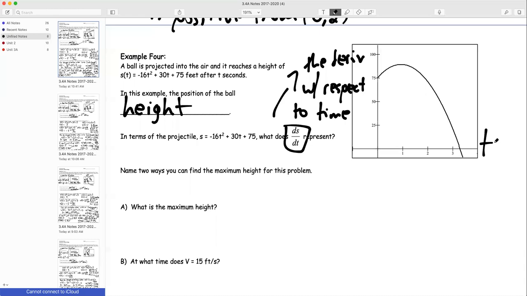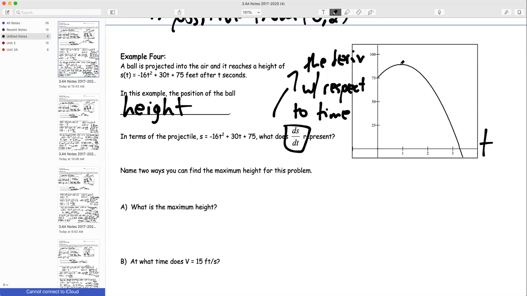So this says, name 2 ways you can find the maximum height for this problem. Let's think about this for just a second. I have a graph. The maximum height is going to be somewhere right here. This is the position function again. What is my velocity right here? How do we know it's 0?